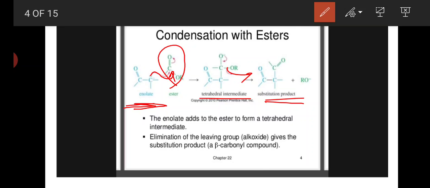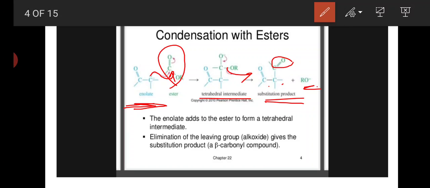Okay, here this is the functional group carbon, this is the alpha carbon and this is the beta carbon. So the beta carbon has another carbonyl group, so it is called a beta carbonyl compound. Okay, here this is the eliminated alkoxide. This reaction is condensation with esters.